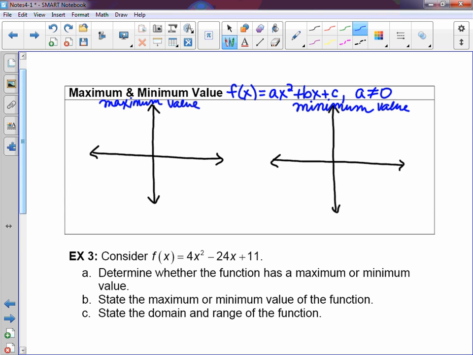Now, where it is located on this graph is not important. What's important here is that this graph opens down. So it opens down. And A is negative.